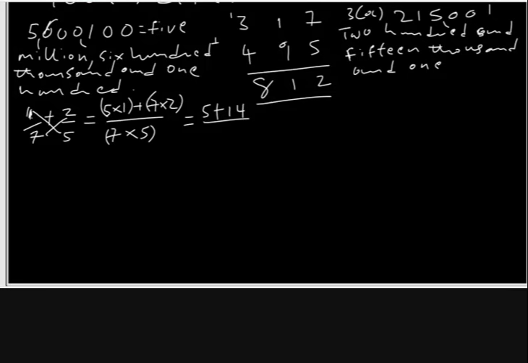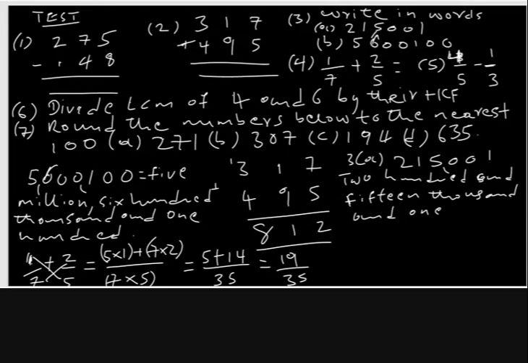So this is going to be equal to 5 plus 14, which gives us 19, divided by 35. And that is the answer. 19 over 35 is the answer to that.